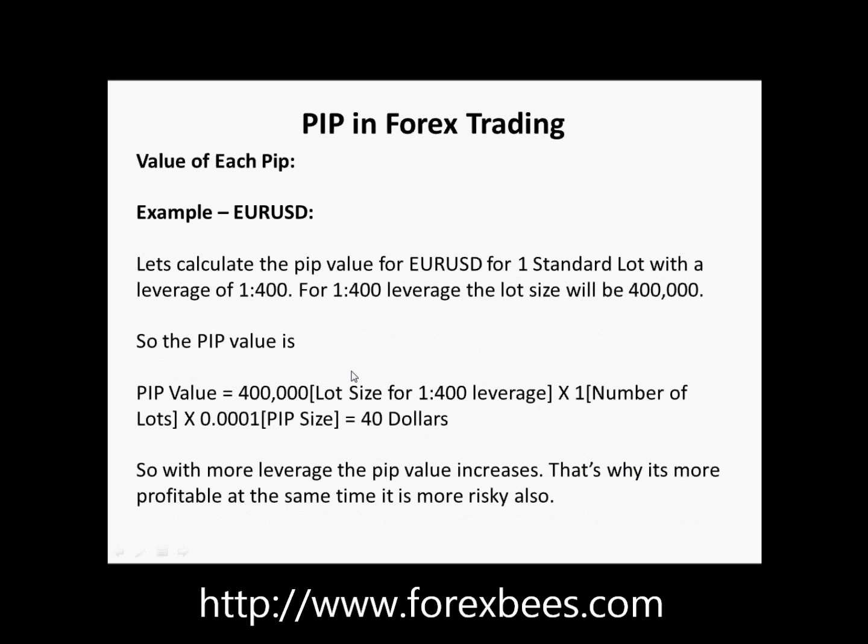So the pip value equals 400,000, which is the lot size for 1:400 leverage, times 1, the number of lots, times 0.0001, which is the pip size, that equals $40. So with more leverage, the pip value increases. That's why it's more profitable, but at the same time it is risky also.